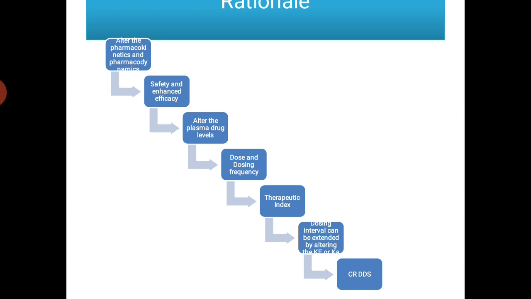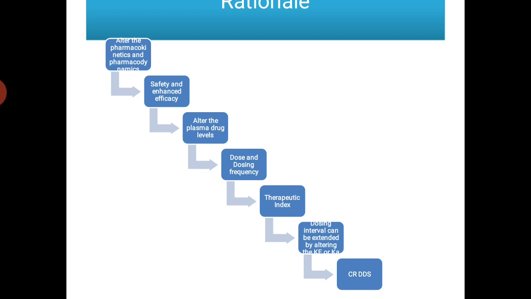Altering the dosage frequency means, if you are administering the drug 4 times a day, that means every 6 hours we are administering the drug molecule, and if you want to alter it, we should bring it to a once daily dosage form. So in order to alter the plasma drug concentration, the option is to either alter the dose or alter the dosage regimen.